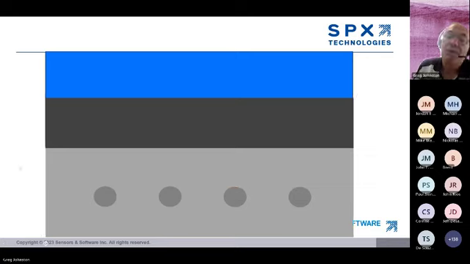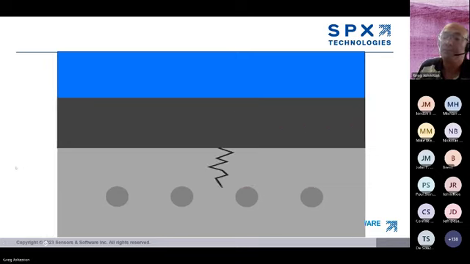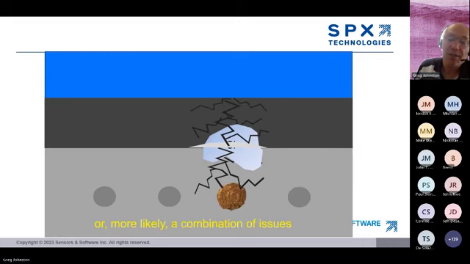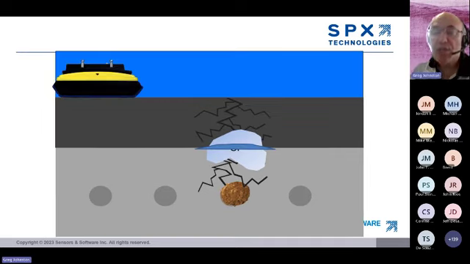The asphalt is cracked. Or the concrete is cracked, or more likely, some sort of combination of all these issues. So in these situations, the rebar reflection strength will not be uniform.